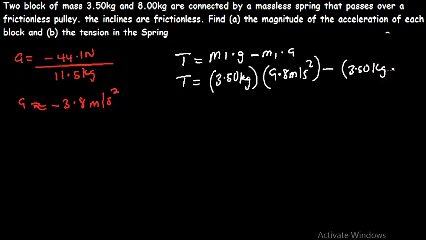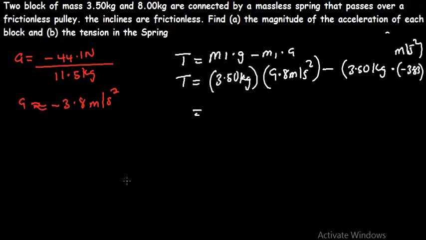At this point, we already know the value of acceleration, which is negative 3.83 meter per second square. So we have 3.50 multiplied by 9.8, minus 3.50 multiplied by negative 3.8.